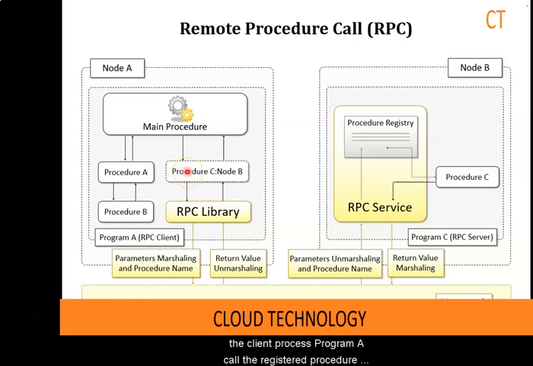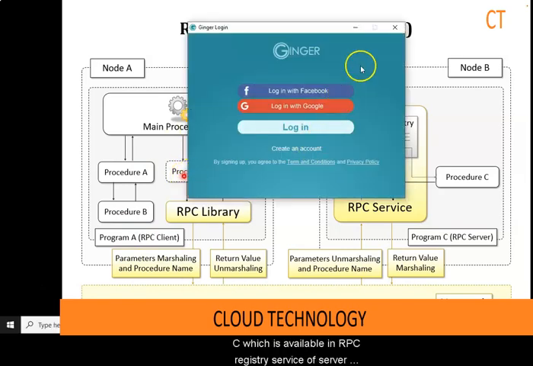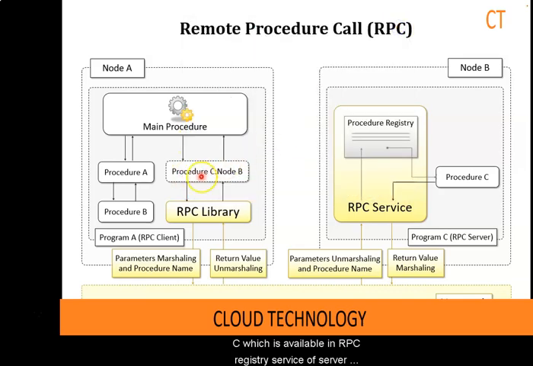The client process program A calls the procedure C, which is available in the RPC registry service of server process program C.